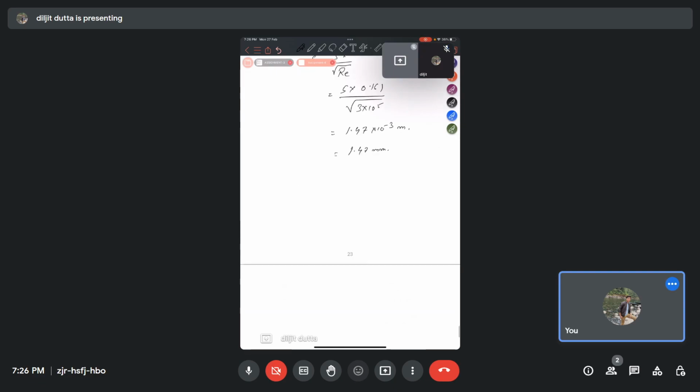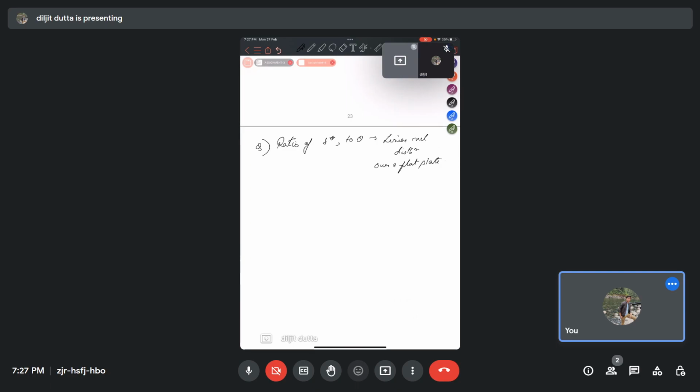Okay, so only one more question from the assignment: find delta star by theta. We know that for a linear velocity distribution, u by V is y by delta, that is, the velocity is linearly varying with y.